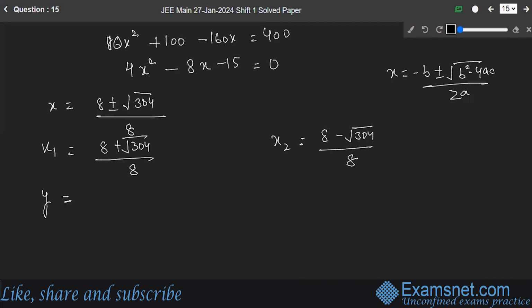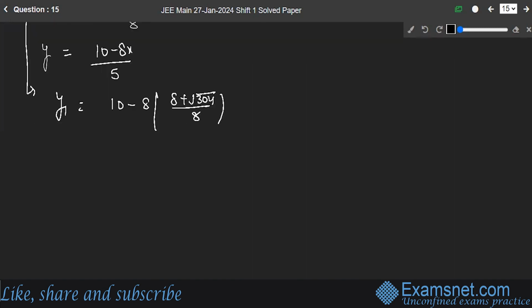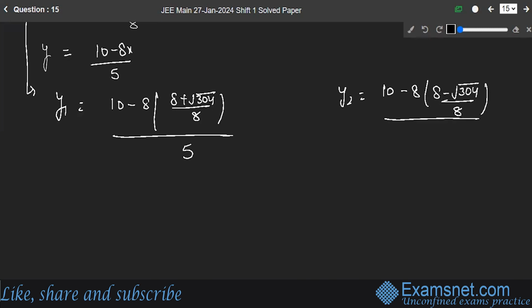Now this was given as y equals 10 minus 8x upon 5. So from here, if we are having x1 value as this, the corresponding value of y1 will be given by 10 minus 8 into 8 plus root 304 divided by 8, whole divided by 5, and y2 will be given as 10 minus 8 into 8 minus root 304 divided by 8, whole divided by 5.